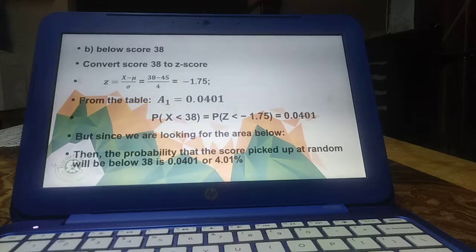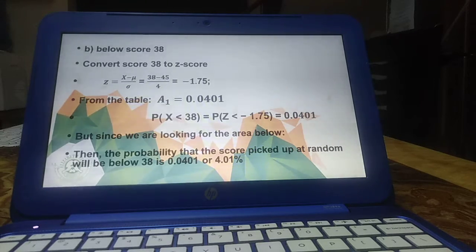Before we go to the next problem, let us take note of certain things. First, if the score is above a given measurement, then we solve for the z-score first. Second, we get the area from the z-table. If it is greater than or above, then we subtract it from 1.